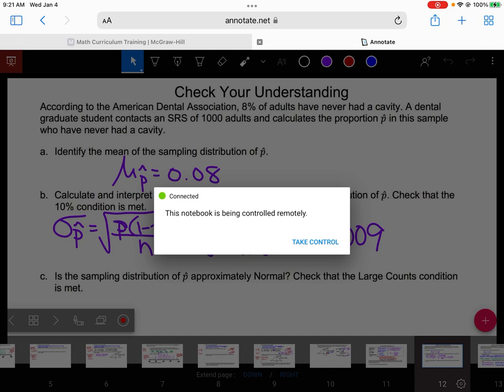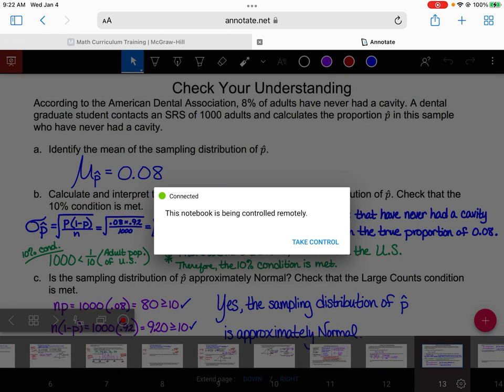Is this approximately normal? Yes. How do I check that? Large counts condition, so n times p, n times 1 minus p. So we have our sampling distribution mean, our sampling distribution standard deviation, and the interpretation of it. We checked our 10% condition.